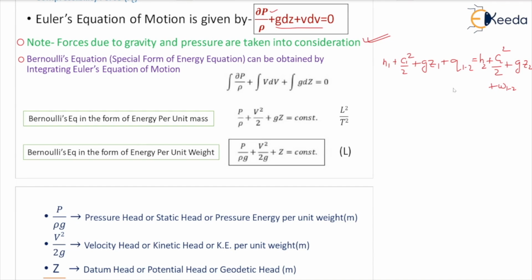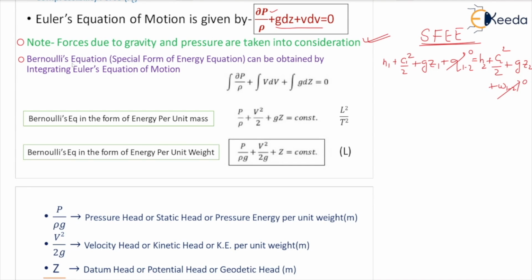You must have heard this equation named the steady flow energy equation in thermodynamics. This is the basic energy equation. Almost the same terms are present in Bernoulli's equation, and Bernoulli had taken some assumptions. That's why some of the terms, like heat transfer and work transfer, are 0, correct? So this is the basic form of the equation.